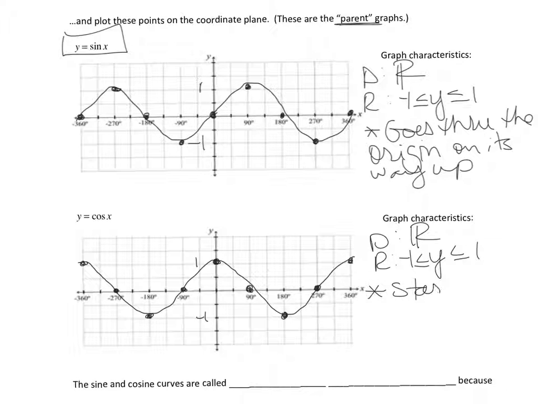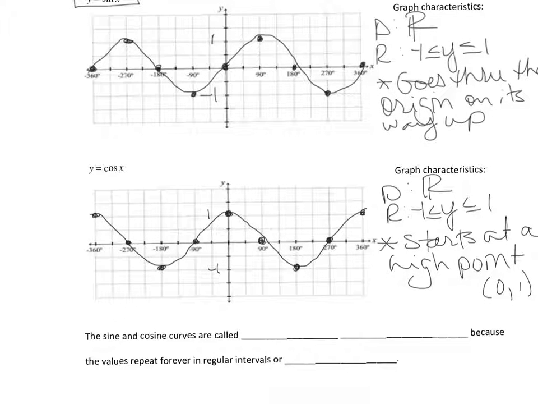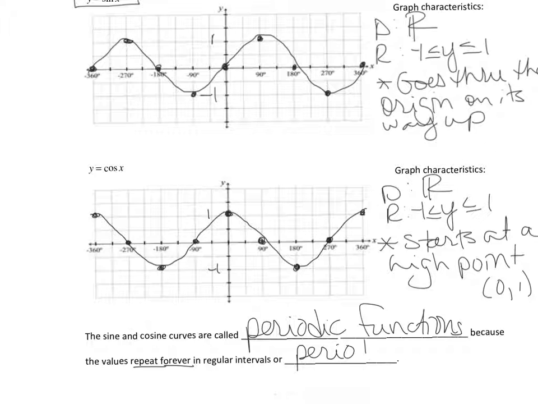So it starts at a high point. So that y-intercept is 0, 1. These sine and cosine curves are called periodic functions because the values repeat forever in regular intervals, which are also called periods.